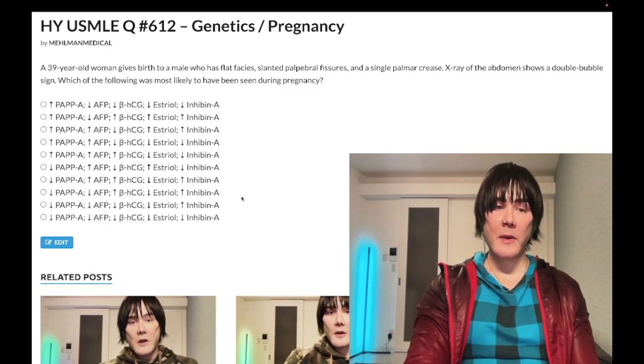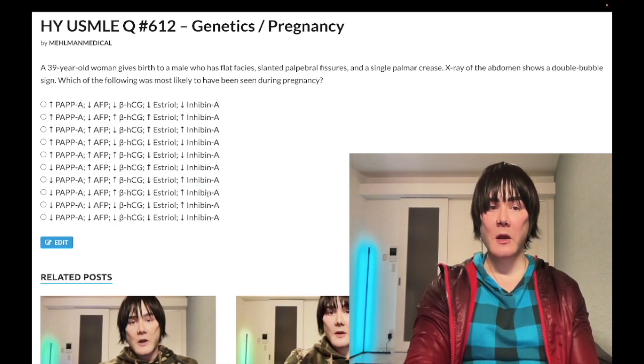So inhibin A has to be up because that has an H in it. Beta HCG has to be up because that has an H in it. All the others don't have H's, so we know that they're down. So the answer here is decreased PAPP-A, decreased AFP, increased beta HCG, decreased estriol, and increased inhibin A. So the ones that have the H's are the ones that are up.